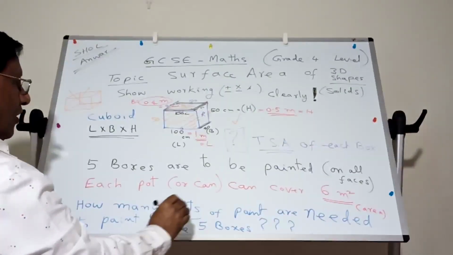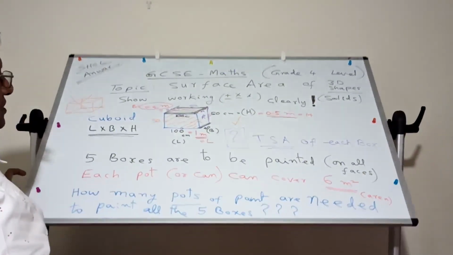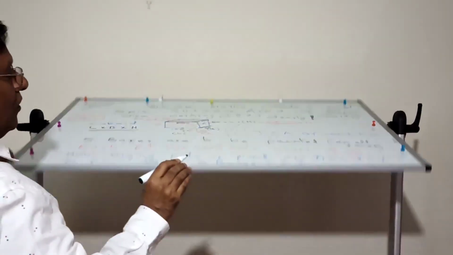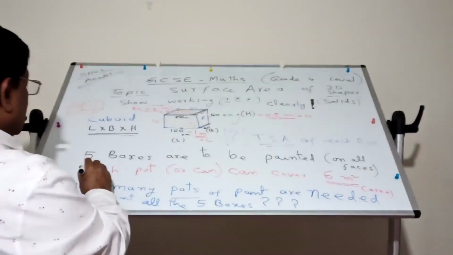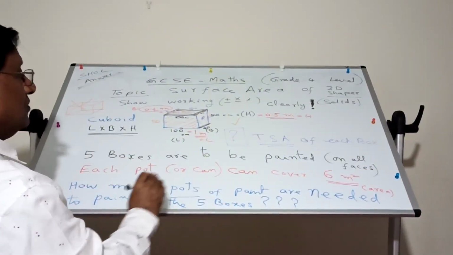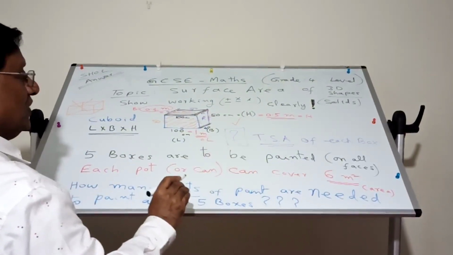So we need to find out how many parts. One part is 6 square meters.